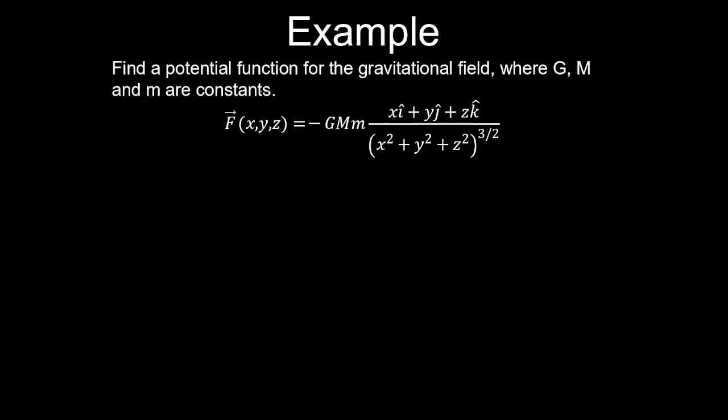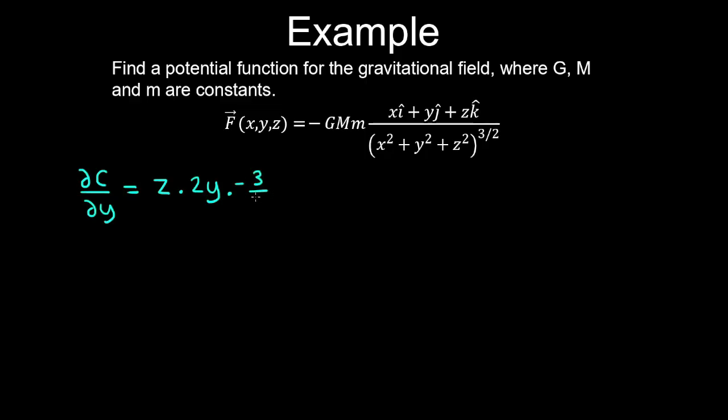Find the potential function for the gravitational field where G, M and m are constants. So what we do first is check if the field is conservative. And to do that, we'll use the component test. So if we take the partial of the third component with respect to y, that gives z multiplied by 2y multiplied by minus 3 on 2.